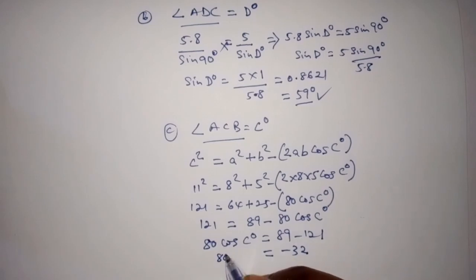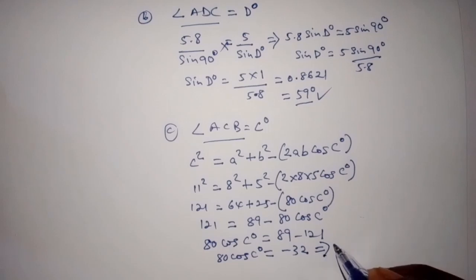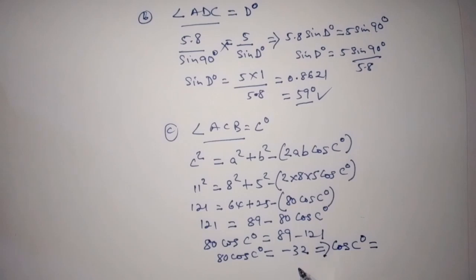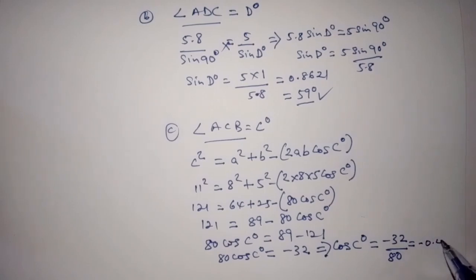So 80 cos C degrees is negative 32, and we divide by 80 both sides, negative 32 over 80, which is giving us negative 0.4.